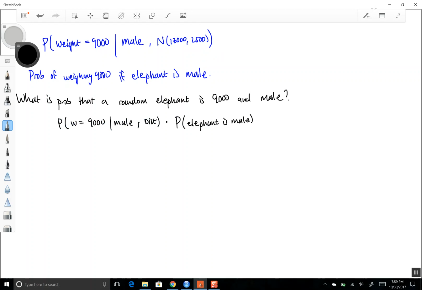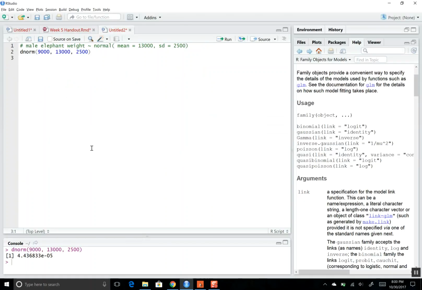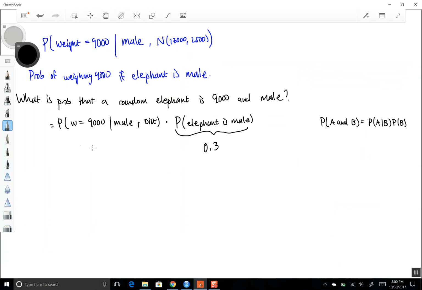Because the probability of A and B is equal to the probability of A given B times the probability of B. So in this case, the probability that the elephant is male, we have that to be 0.3, and this part we found to be 4.437 times 10 to the minus 5.